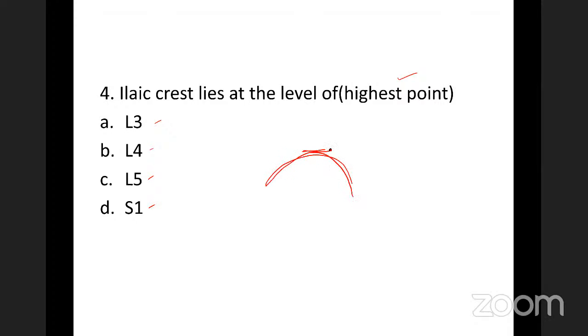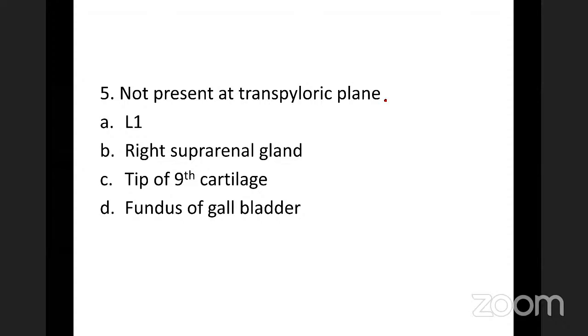Its highest point lies at the spinous process of L4. In some textbooks, it is mentioned as L5, but higher textbooks say that the highest point of the iliac crest is L4, the spine of L4. Excellent. That's the answer.